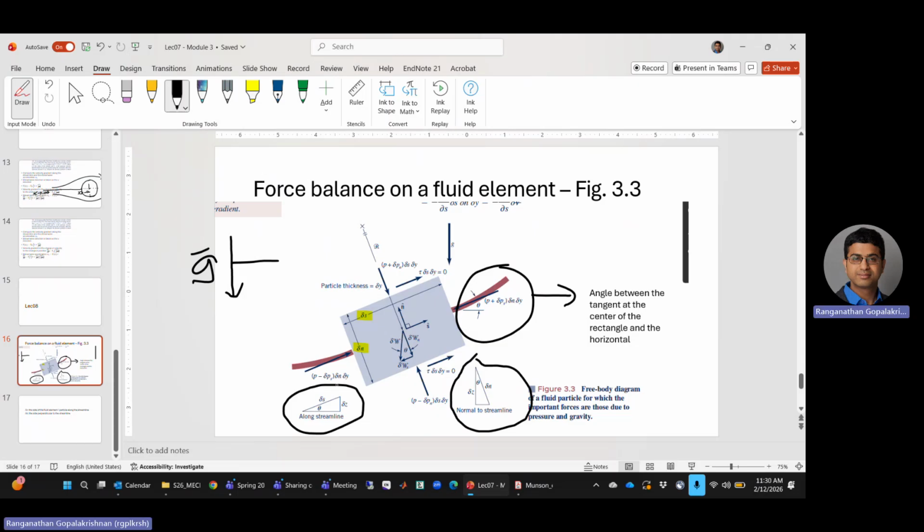Gravity acts along delta Z. Please look at this and tell me how to write delta Z in terms of the angle and delta N. Delta Z equal to delta N cos theta or sin theta.